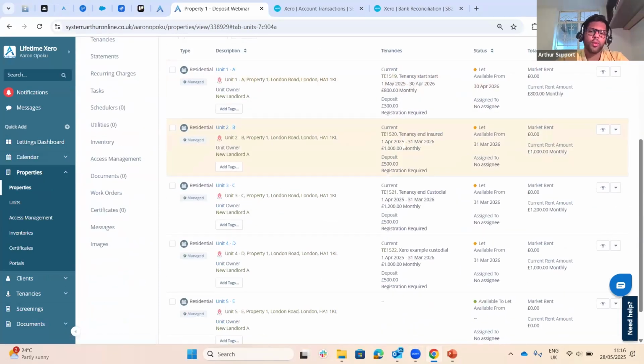For the end of the tenancy, where you now have to close the tenancy and refund the deposit, there are different processes for the insured and the custodial scheme. So for those two examples, I've set up two different tenancies. So we'll first look at closing the tenancy and refunding the deposit if you're using an insured scheme.